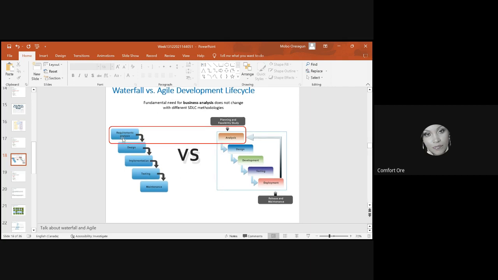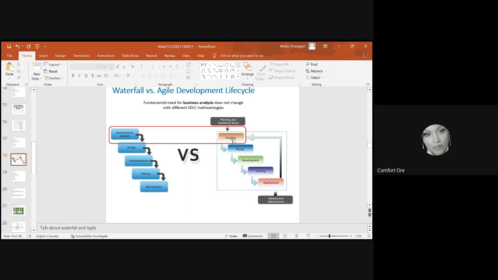So the waterfall is top down. You just understand the basics or the face value of what the problem is without digging deeper. And then it's top to down. So you get your requirements, you design, implement it, test it, and then you do maintenance.